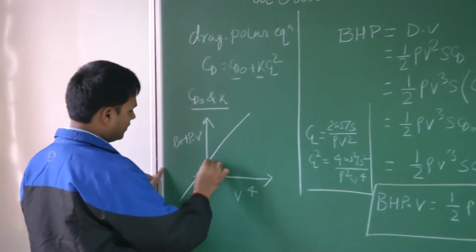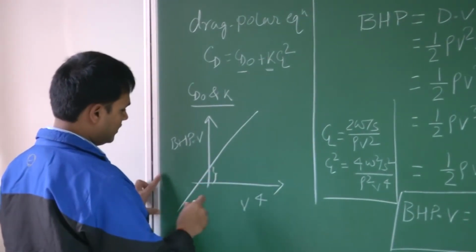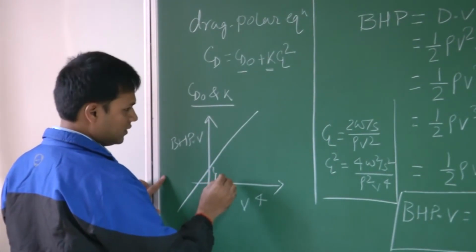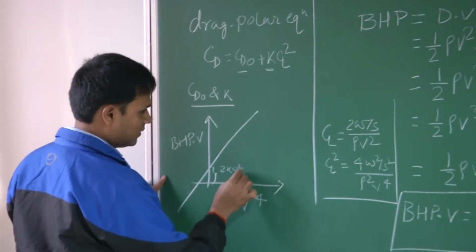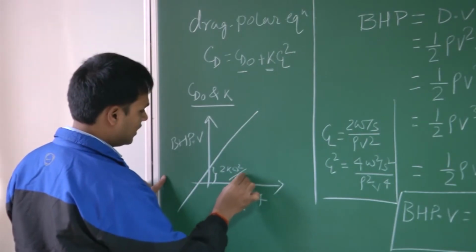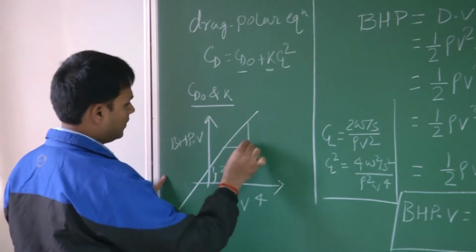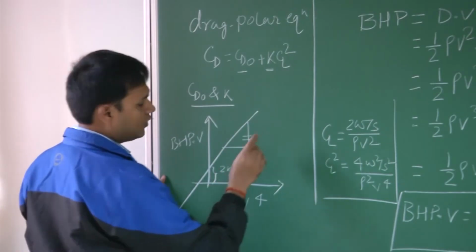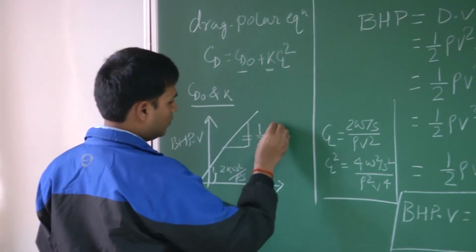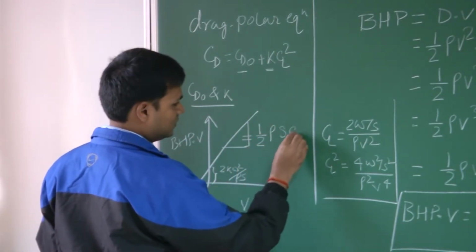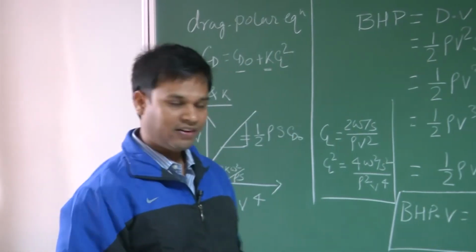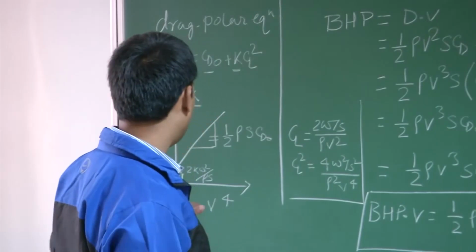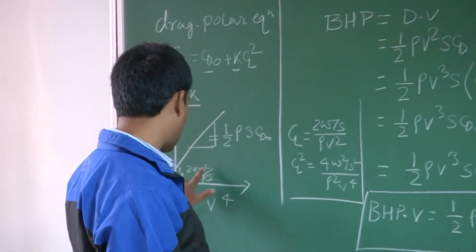So from this curve, the intercept will be equivalent to twice K W square by rho S, and the slope will be equivalent to half rho S CD naught.